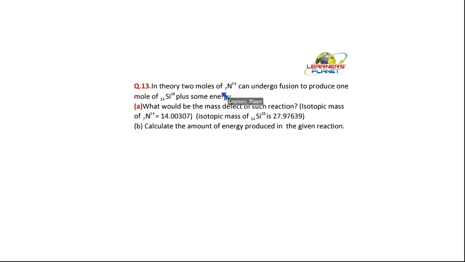In theory, 2 moles of nitrogen-14 (atomic number 7) can undergo fusion to produce 1 mole of Si-28 (atomic number 14) plus some energy. What would be the mass defect of such a reaction? Now, what is a mass defect?